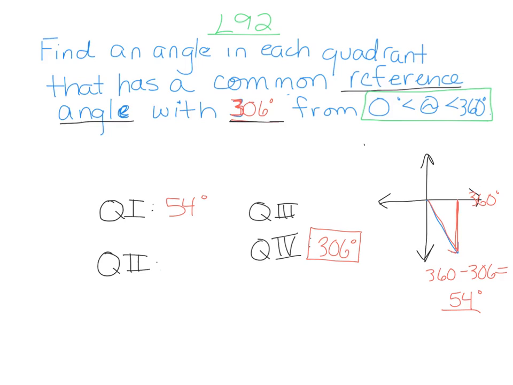So working on the other two quadrants, if I want to get into the second quadrant, I need to go this way, and the third quadrant, I need to go this way. So this is 180 minus 54, which is going to give me 126 degrees. And this is 180 plus 54, which is going to give me 234 degrees.